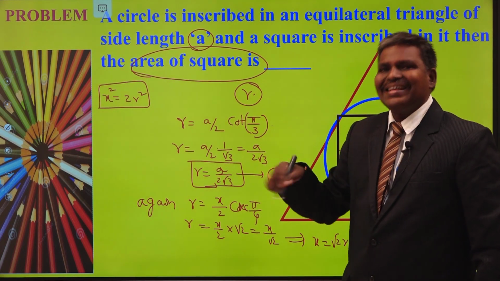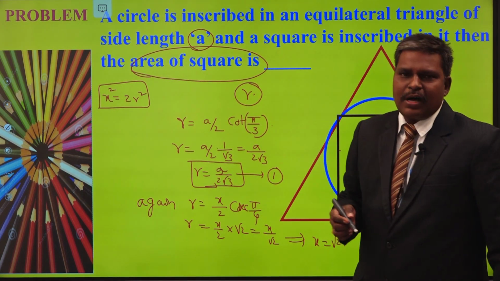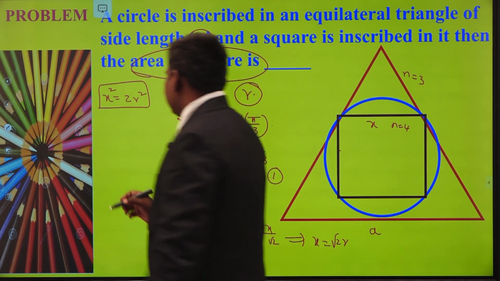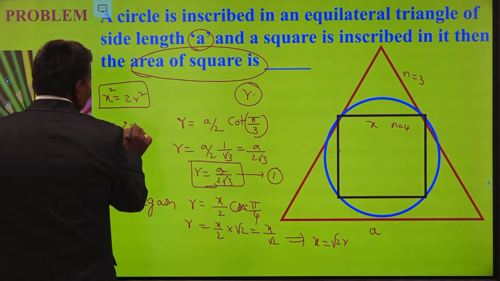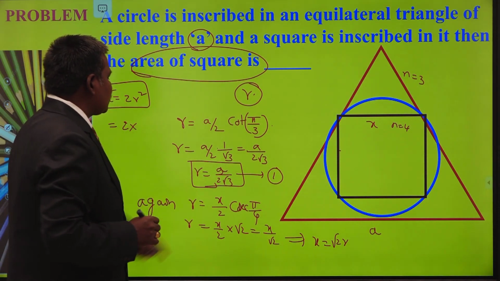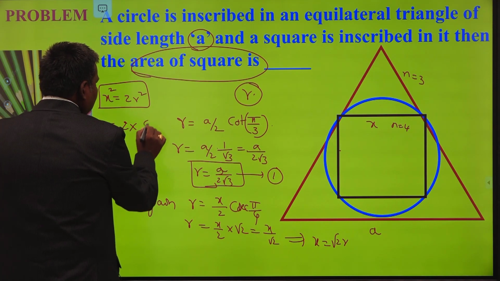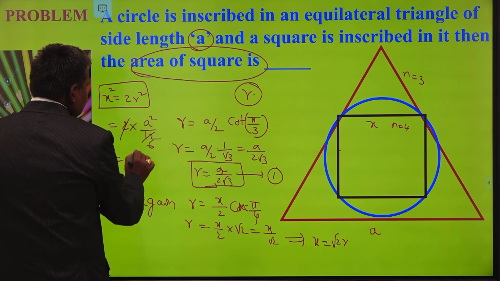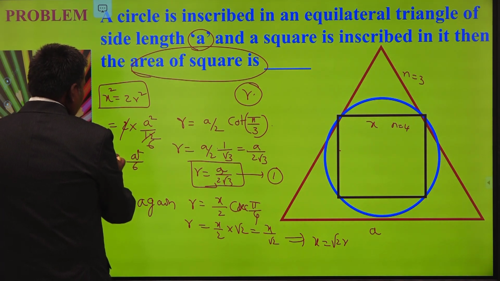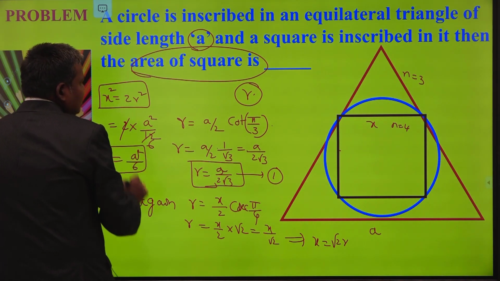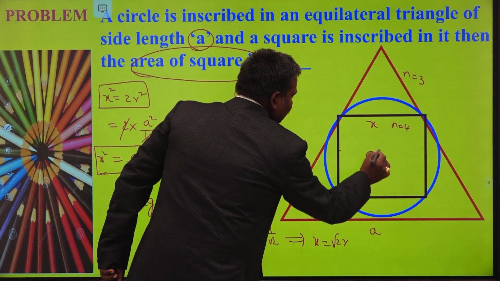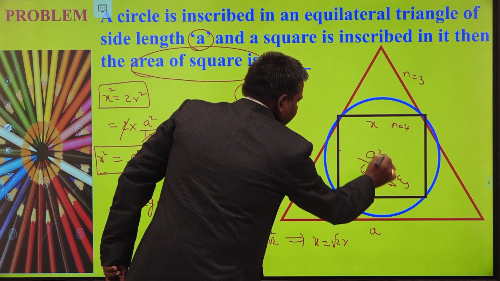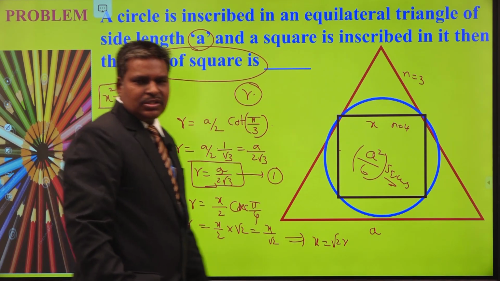But we want it in terms of A, we don't know the value of R. So you have to convert your R in terms of A. So 2 times R square, which is A square by 4 times 3, that is 12. A square by 12. 2 cancels out 6 times, that is A square by 6. So the area of the square is A square by 6 square units.